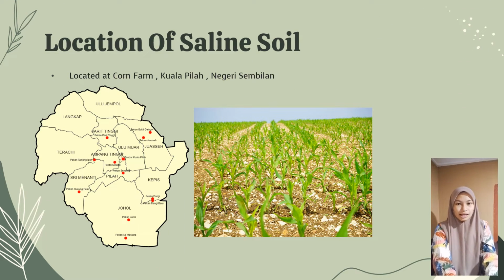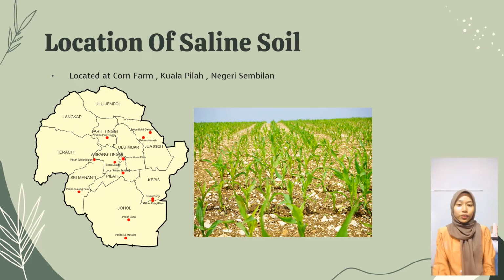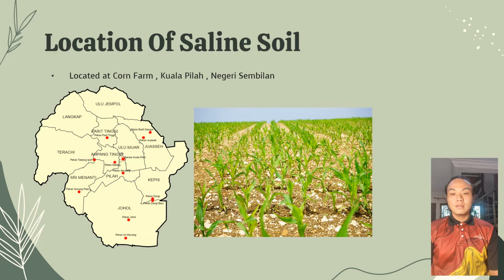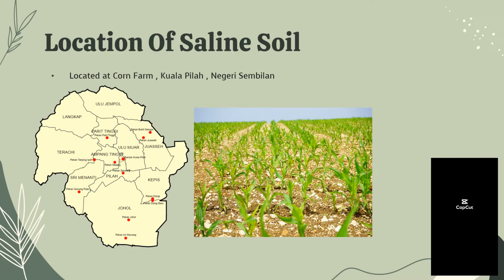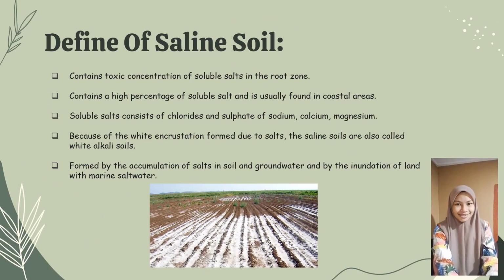Location of saline soil: Kuala Pilah, Negeri Sembilan. Definition of saline soil: it contains toxic concentrations of soluble salts in the root zone. It contains a high percentage of soluble salt and is usually found in coastal areas.